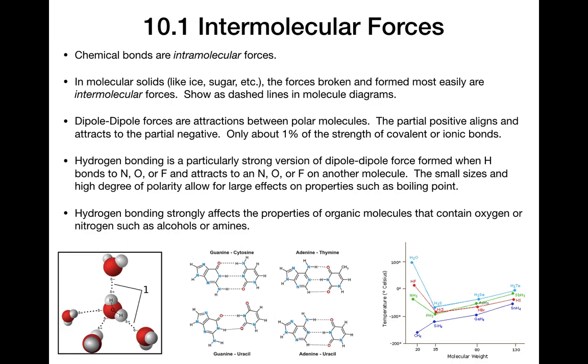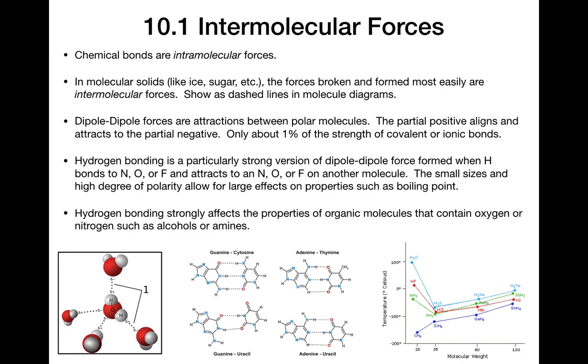H is fairly small, only 2.1. And as a result, there's a lot of polarity to the NH, OH, or FH bonds. And the combination of those two effects means that those bonds are going to be extra polar, and extra strong dipole-dipole forces can form between molecules that have that kind of bonding in them.